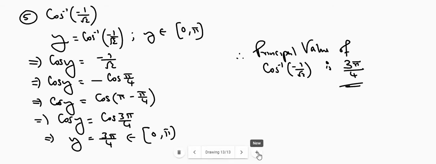Next, question number 6. Now let's discuss one question on tan inverse x: write the principal value of tan inverse of minus 1 by root 3. Let y equal tan inverse of minus 1 by root 3.